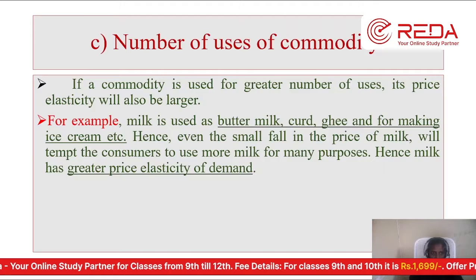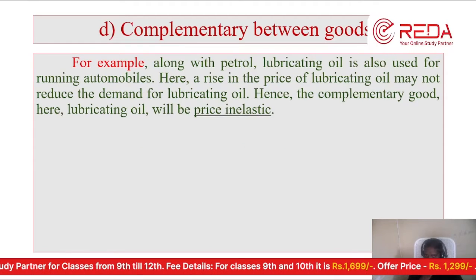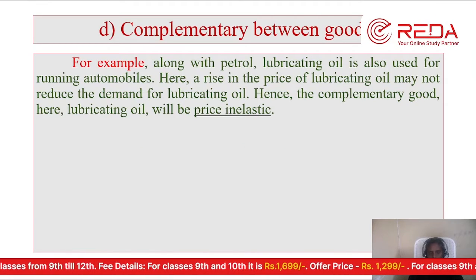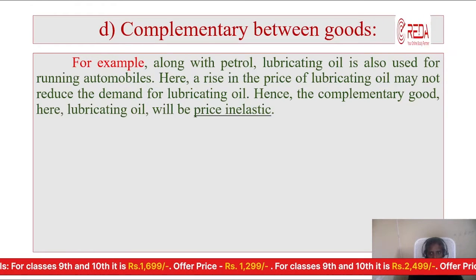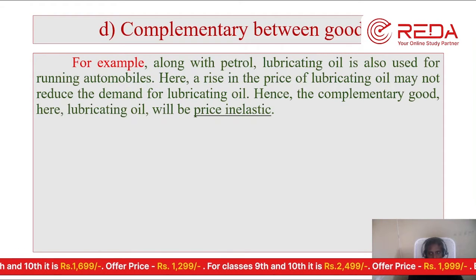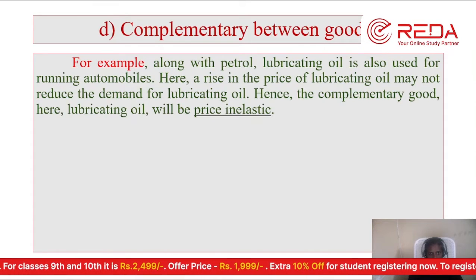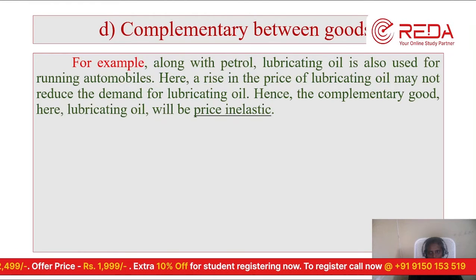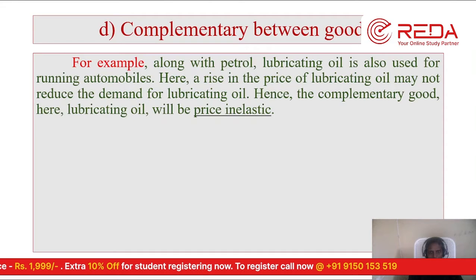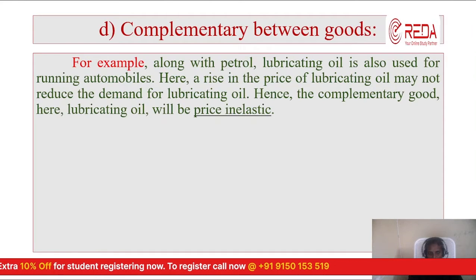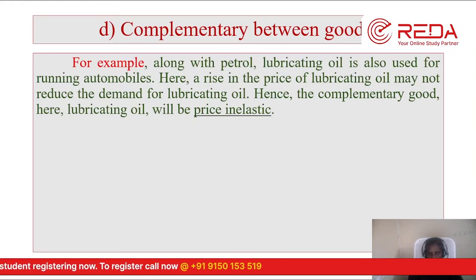Then the next one is complementarity between goods. We have seen substitute goods and also complementary goods. Complementary goods are commodities which are related to each other. We have seen many examples for complementary goods, and the best example is lubricating oil and petrol. If the price of petrol increases, does the demand keep on decreasing?